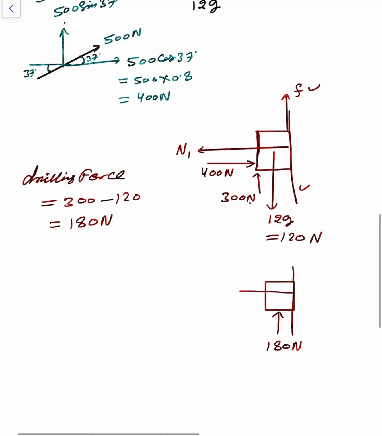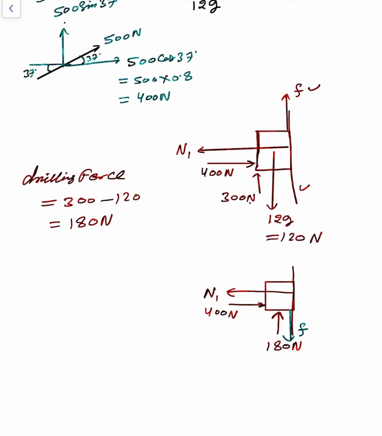So n1 direction like that one, here n1, and here that one is 400 Newton. If driving force is in the upward direction, then it is sure that frictional force works in the opposite direction, meaning downward like that one.